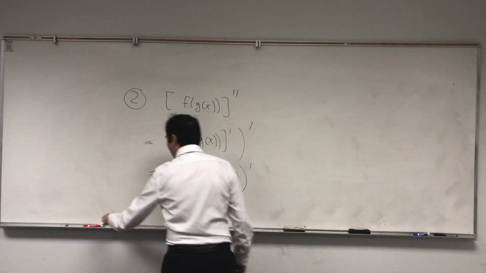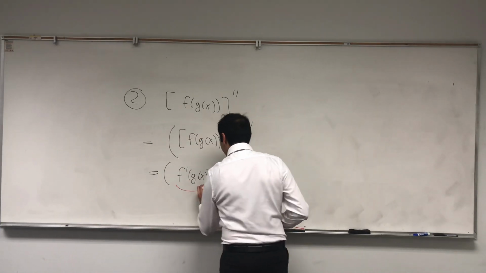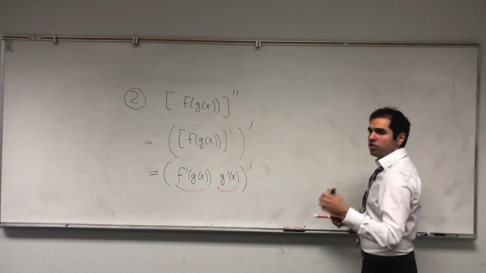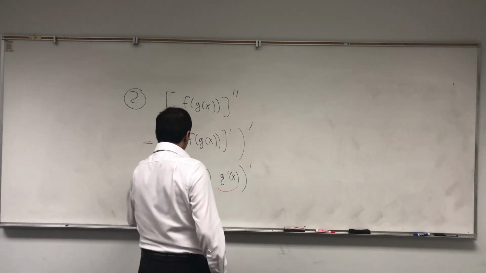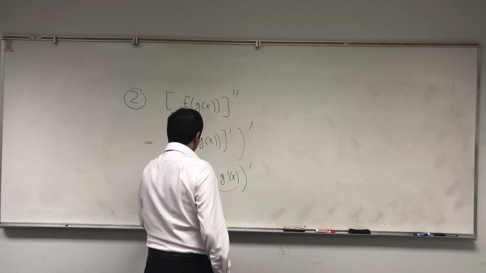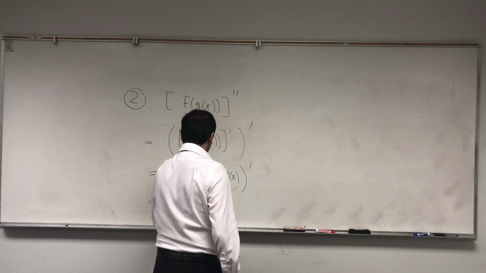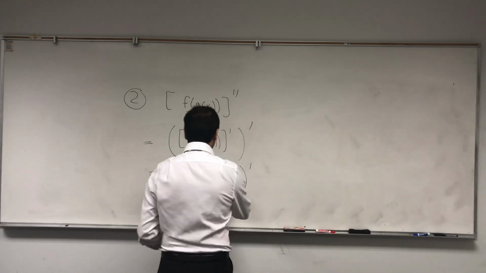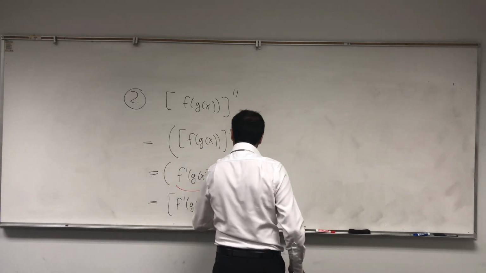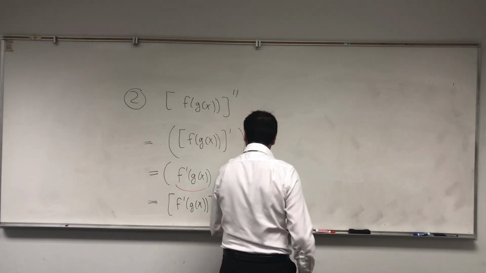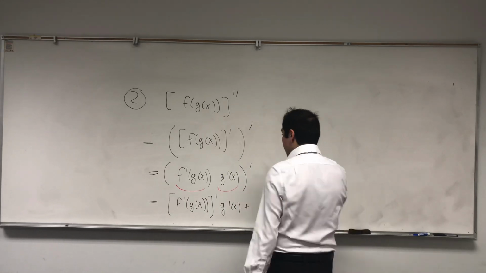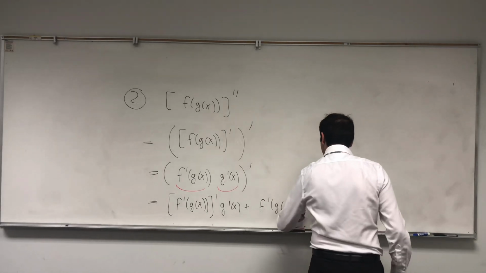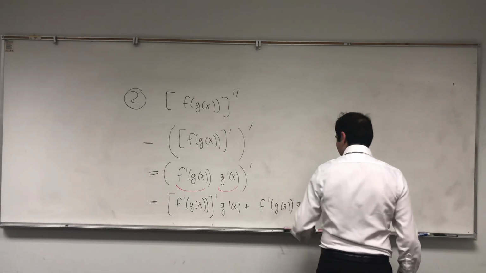And you want to prime that, so just use the product rule, and we get f prime of g of x prime times this, times g prime of x, plus f prime of g of x times the second derivative, which is g double prime of x.